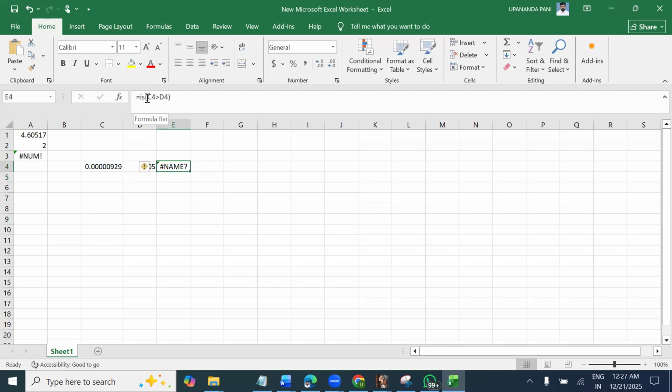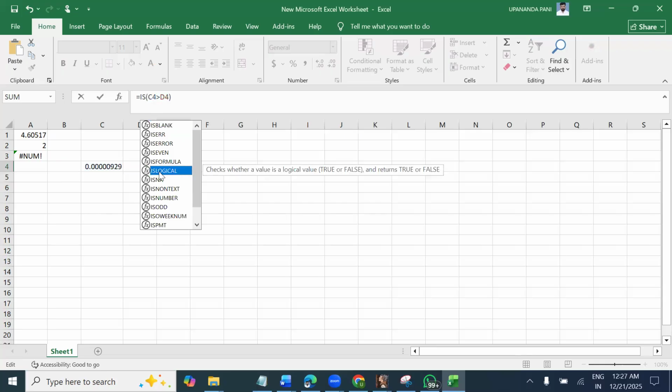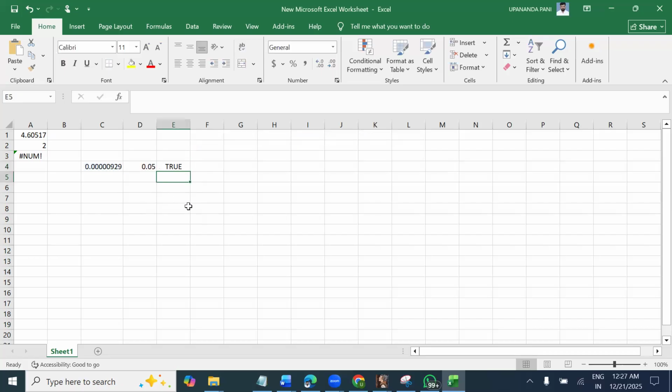Manually, logically, is C4 greater than D4?